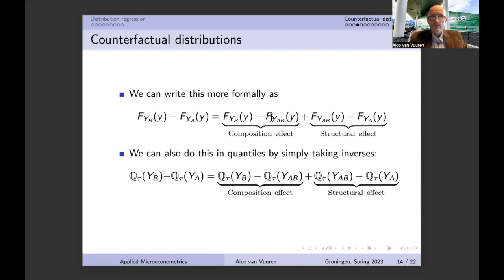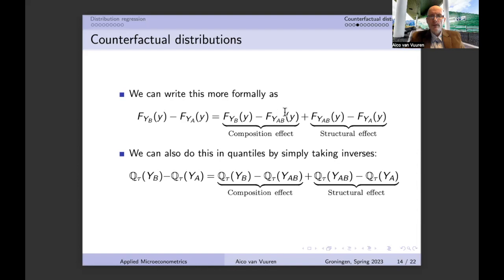What is this? Well, this is the distribution of the B population. You could actually say this is the distribution of the B population with the characteristics of the B population, and of course paid as the B population. That's this distribution that we have over here, minus the distribution of the A population, but paid as the B population.